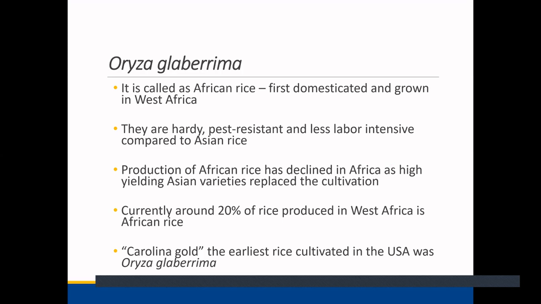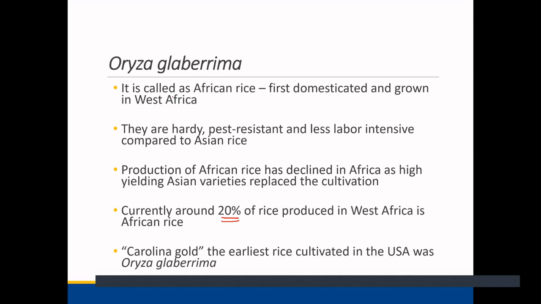Since they wanted to introduce high yielding varieties, the production of African rice, Oryza glaberrima, is decreasing in this region. Currently, in West Africa, around 20% of the rice produced is from this species, right?